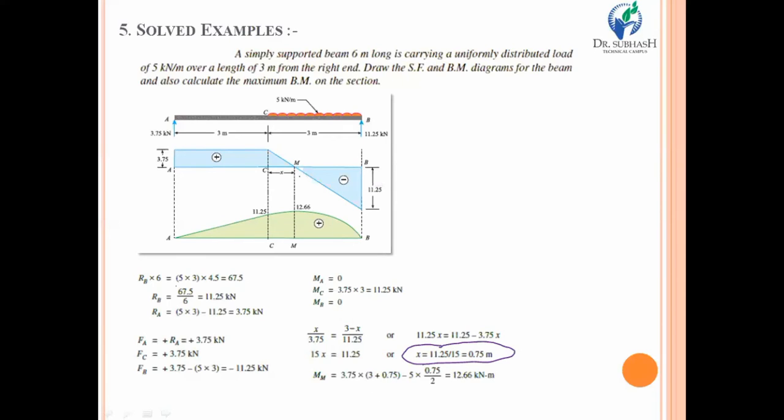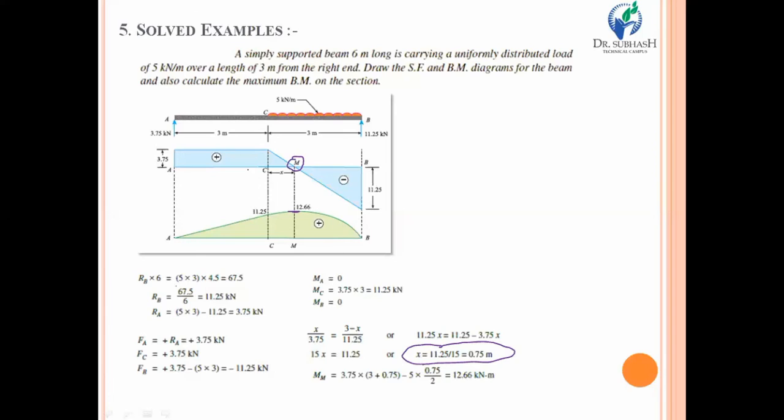Now, as we know, the bending moment has the higher magnitude when the shear force is 0. If you find any section in a simply supported beam where the shear force is 0, we can conclude that the bending moment is highest out of all the remaining sections of that simply supported beam.